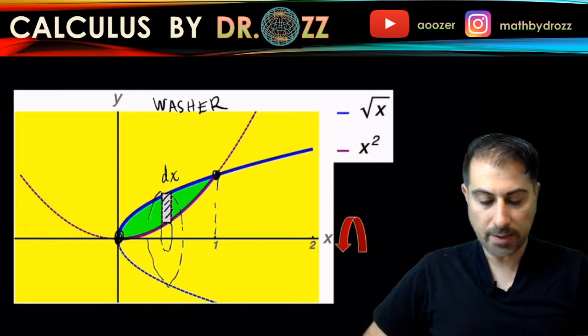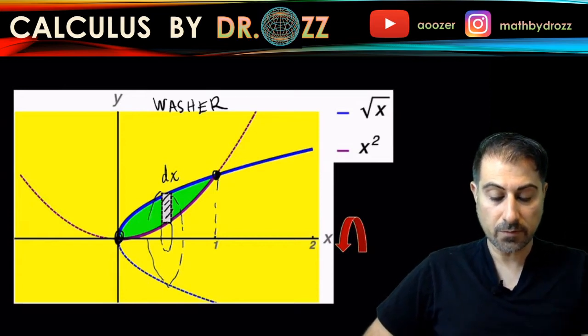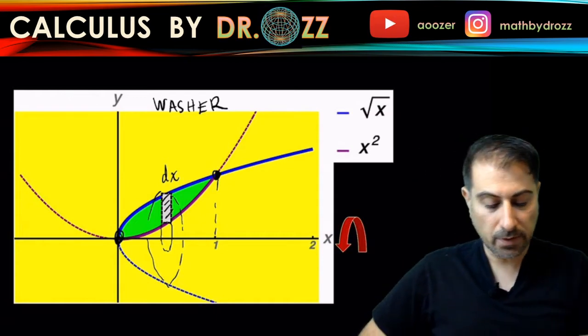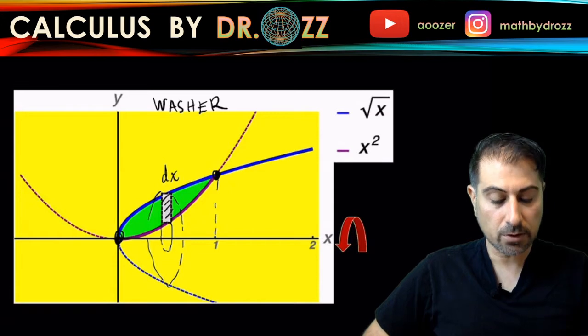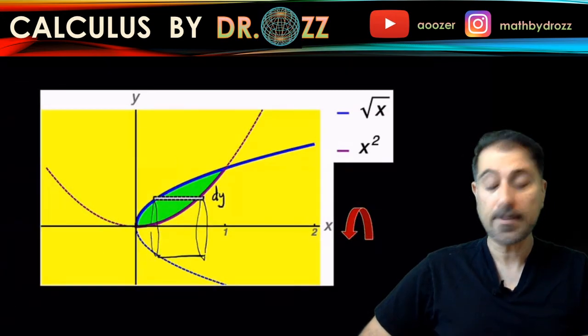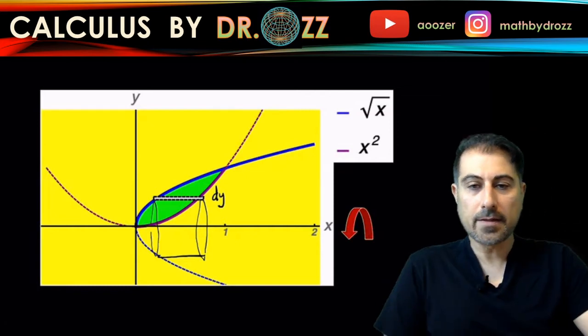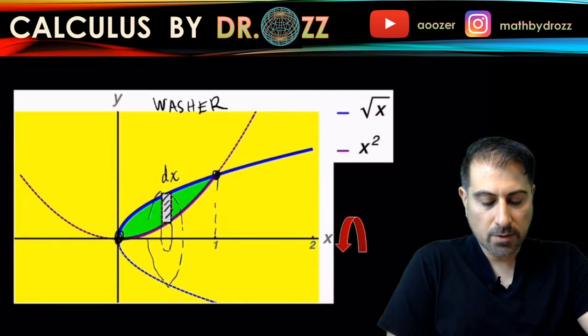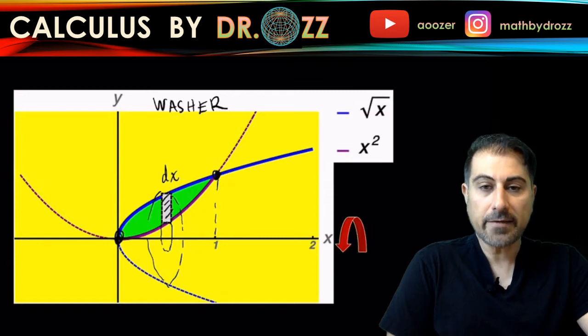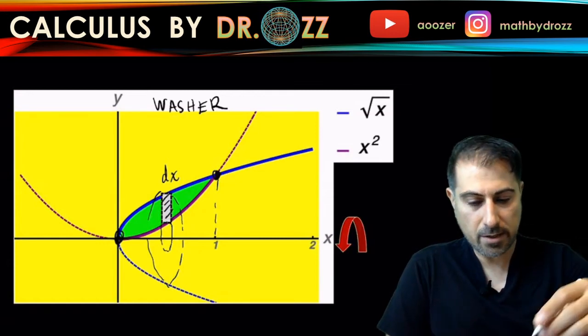All right. So in this case, in fact, the volume is written in terms of x, and in the shell case, the volume of the shell is written in terms of y. Okay. So let's first look at the washer method. We have this disk, we have the inner radius and outer radius. Here we go.